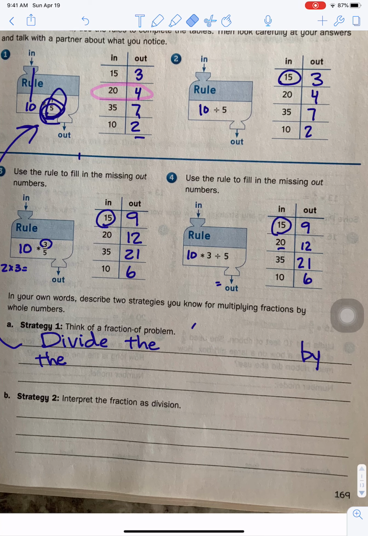Divide the whole number by the denominator. The whole number, and so in this case the whole number was, let's just take 10 for example, the whole number 10 by the denominator. Okay, and in this case, the denominator was 5. So 10 divided by 5 equals 2.